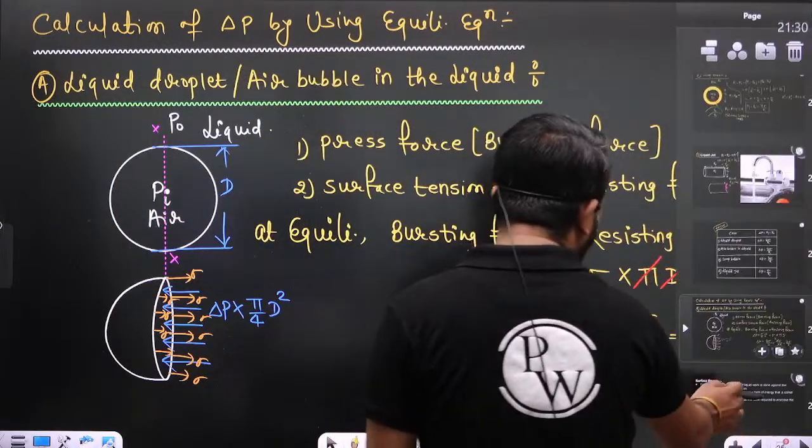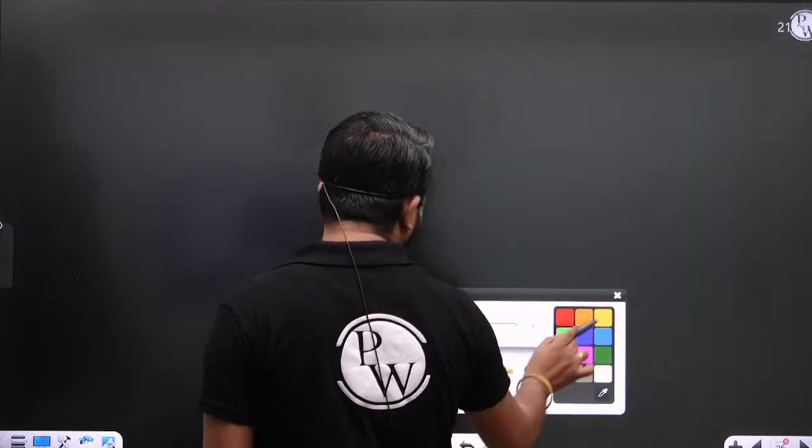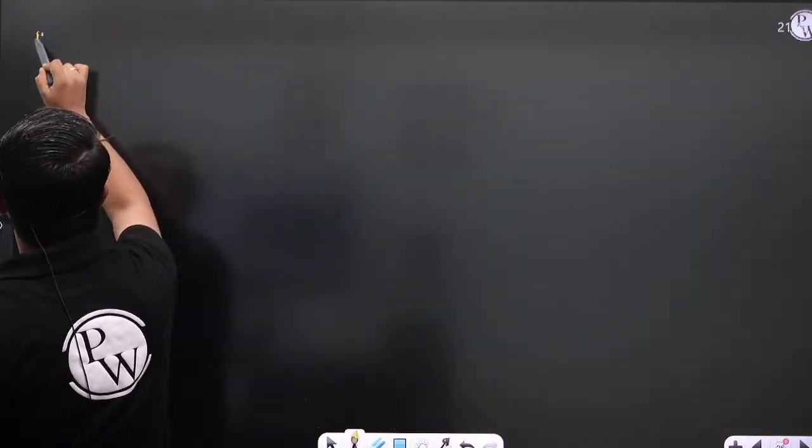Case number 2, or case number B, you can say. Case number B: soap bubble.